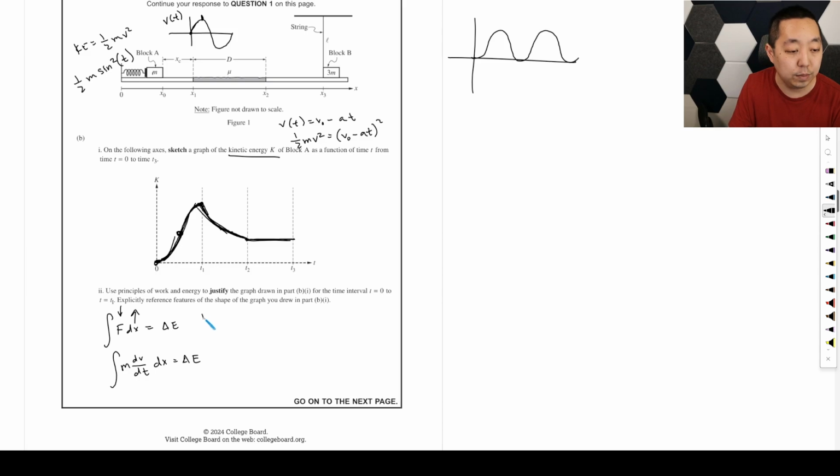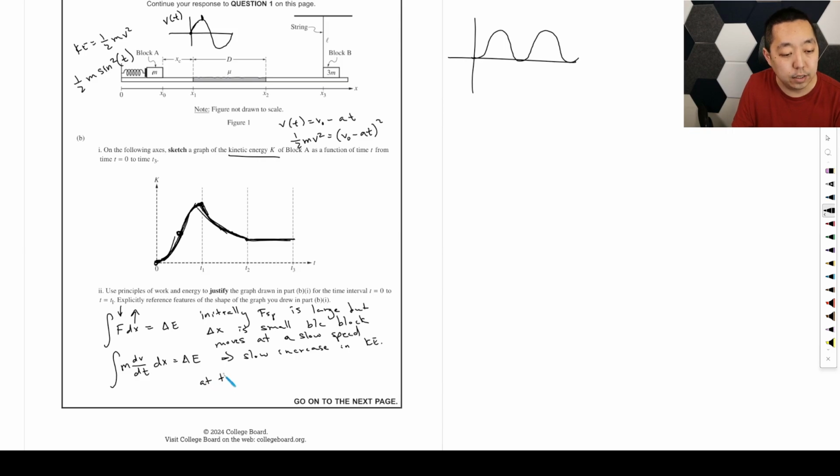I would say initially F spring is large, but delta x or dx is small because the block moves slowly at a slow speed, which implies a very slow increase in kinetic energy.